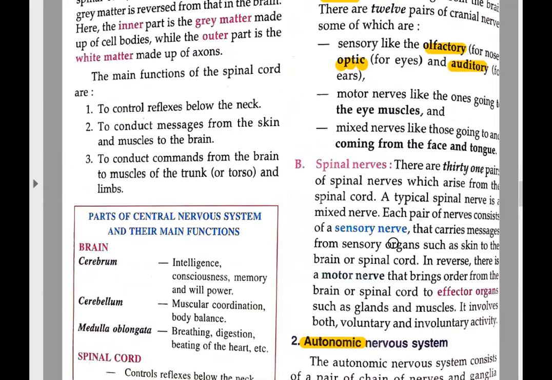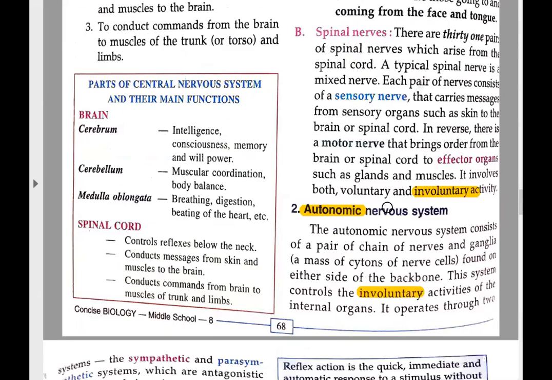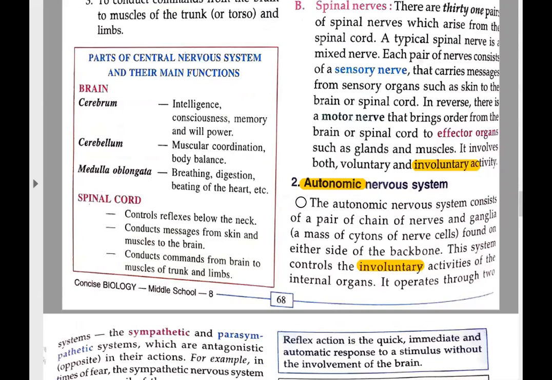Spinal cord and spinal nerves may involve involuntary activities as well as voluntary, but mostly voluntary activities are taken care of by the somatic nervous system, and involuntary activities are taken care of by the autonomic nervous system, especially involuntary activities of most internal organs.